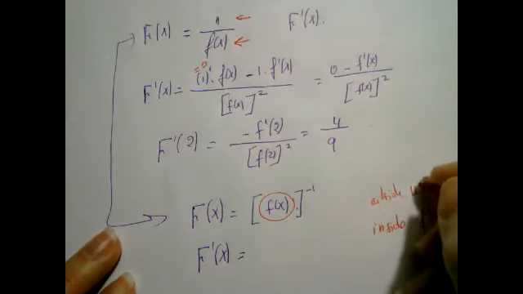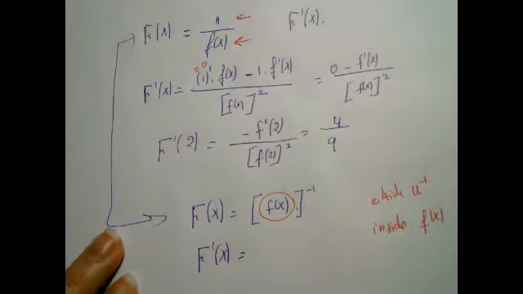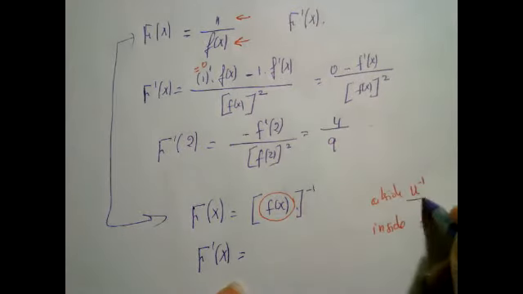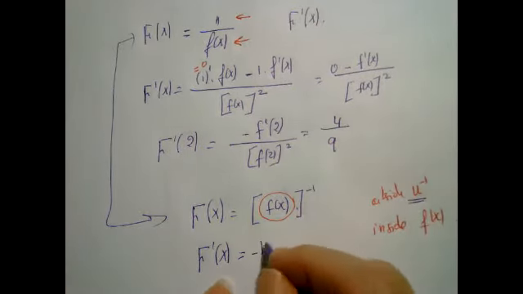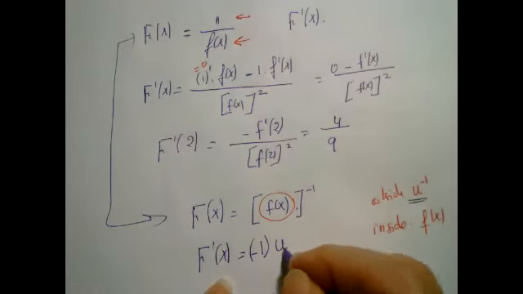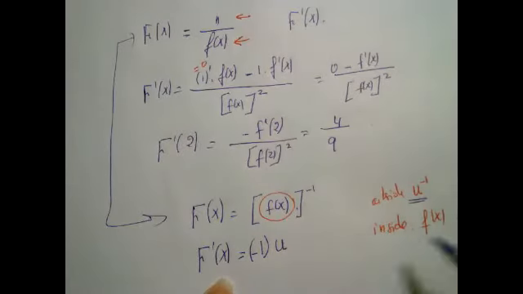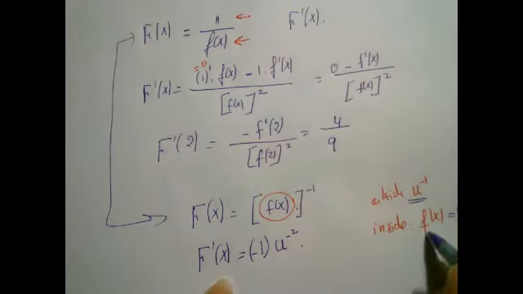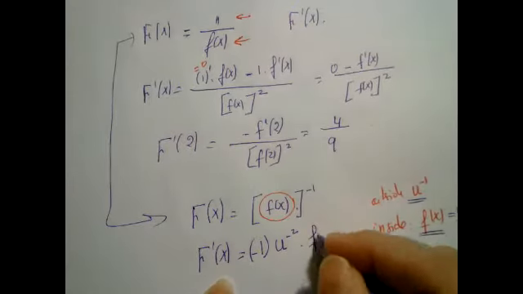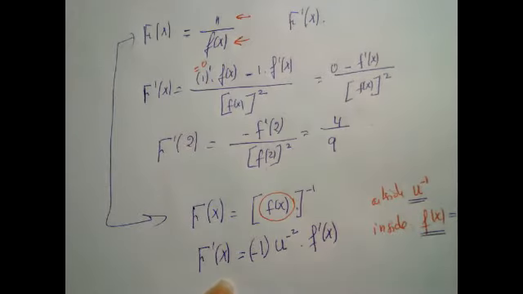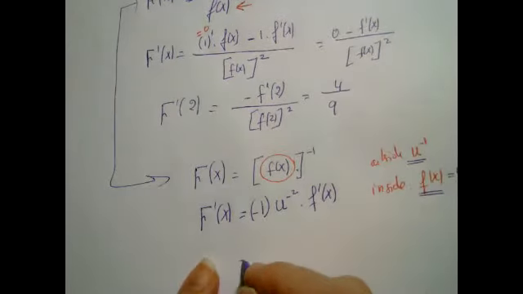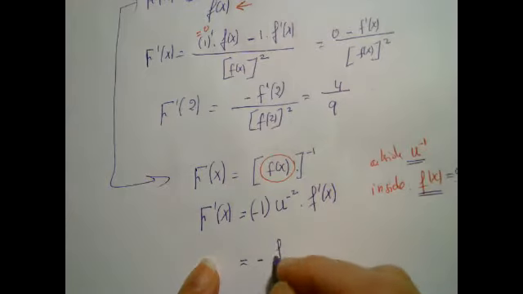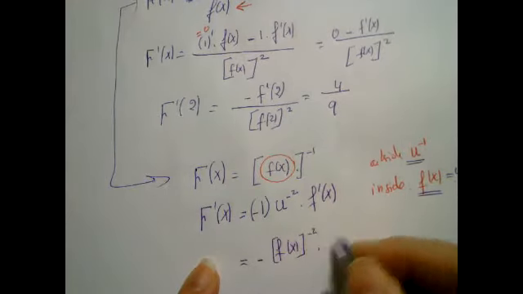And the outside, it's u to the -1. So the derivative is going to be the derivative of the outside, which is -1, u, and then I will substitute u by it, to the -1 times the derivative of the inside. And that's the piece a lot of you missed. So, which will give me minus f of x to the -2 times f prime.